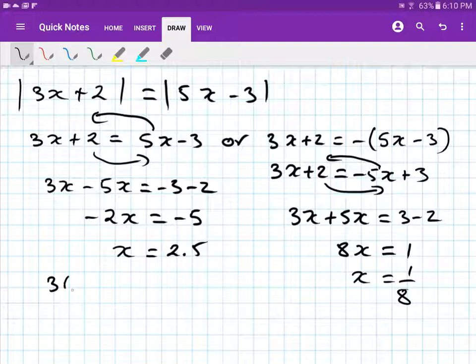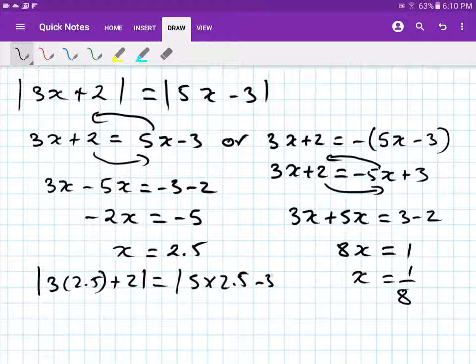That means 3 lots of 2.5 plus 2, absolute value, is the same as 5 lots of 2.5 minus 3, absolute value. So the left hand side and right hand side are both equal 9.5. That's correct. Now same thing, we substitute x equals 1 over 8 in here.